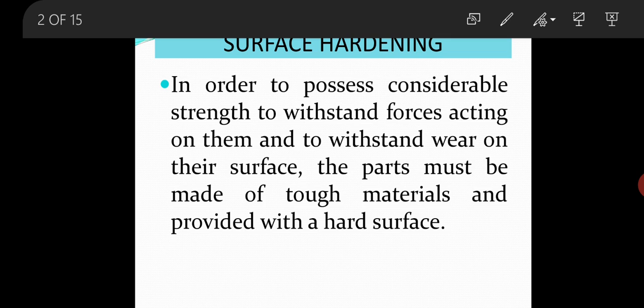So, in some cases, we require the inner side of the material to be tough, but the surface to be very hard. In this case, the surface hardening process is chosen so that it results in a tough inner material and a hard outer surface.